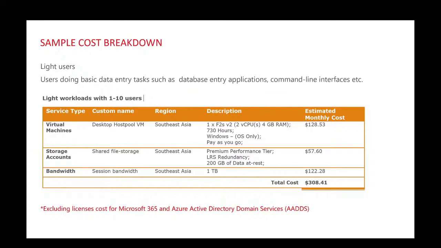There's another component, Azure Active Directory Domain Services licenses. So without those, you have this cost. If you divide it by the number of users, you can see it is very little. It is going to be $30 a month or something like that.